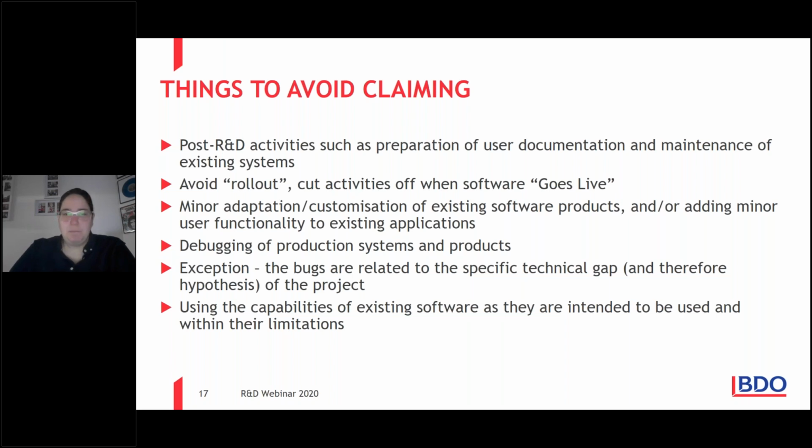But if you're getting to the point of writing user documentation, rolling it out, and this isn't just selective rollout, this is the full rollout, or you're just doing maintenance on existing systems, I would avoid including those. When the software actually goes live, don't include that.